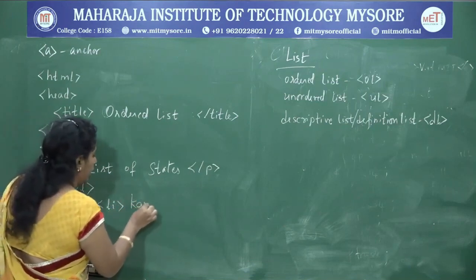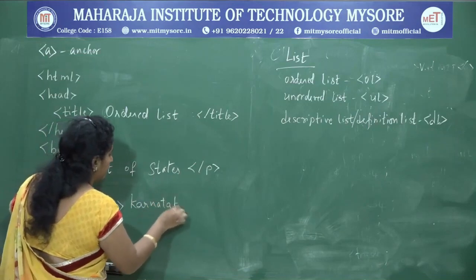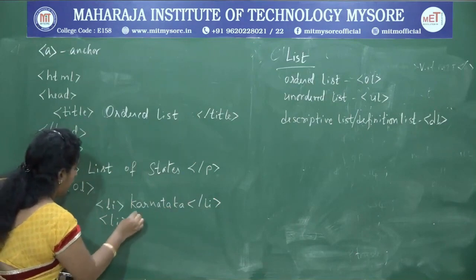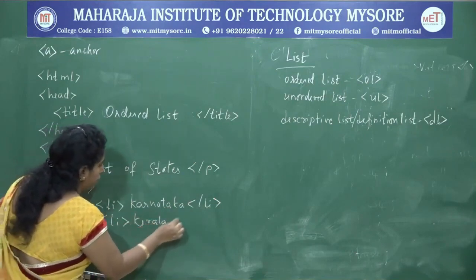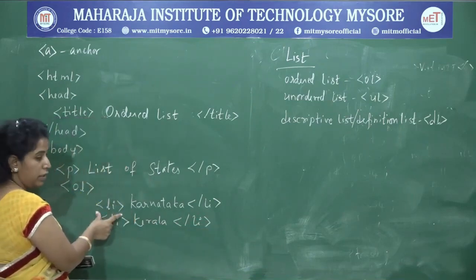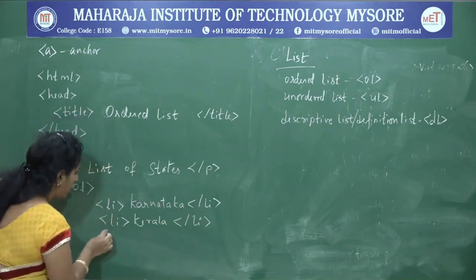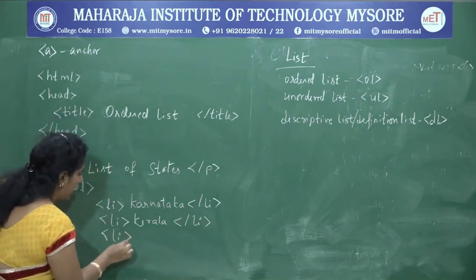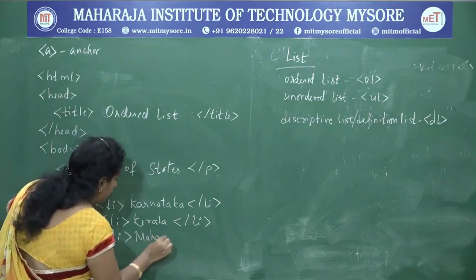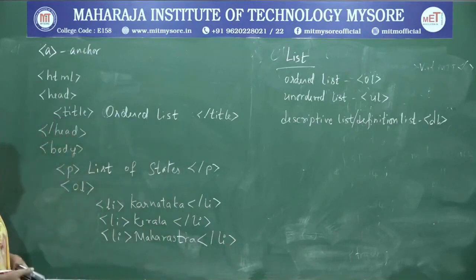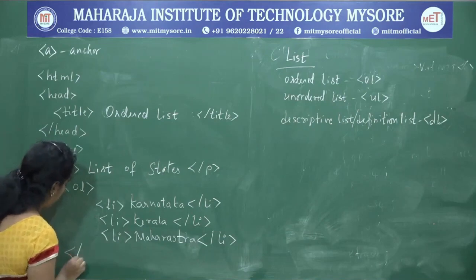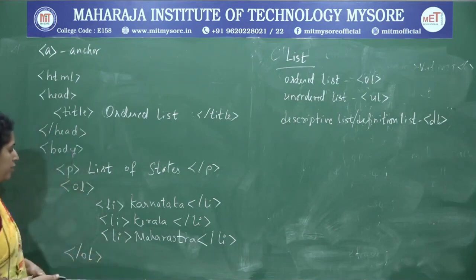So Karnataka. Then Kerala. Every time, the tag which has been opened, the list tag, has to be closed. Next list tag, and I will use Maharashtra. After that, let me close the ordered list.